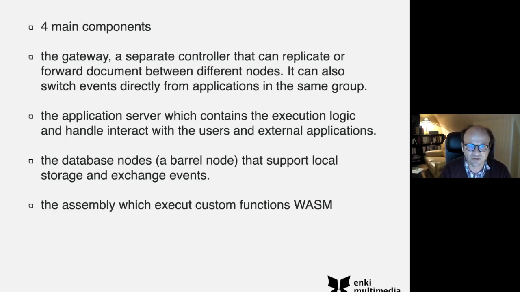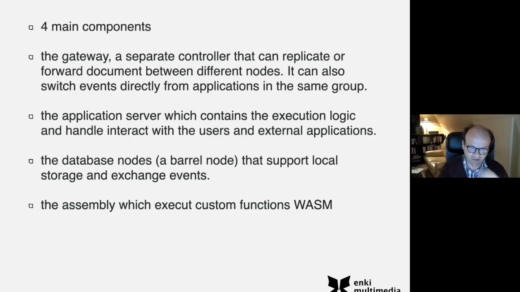So in the platform, there are four main components. The gateway, which is a separate controller that can replicate and forward documents between different nodes. It can also switch events directly from the application in the same node. Think of it like a router, except it's not done on the network level, but on the data layer, on the data level.